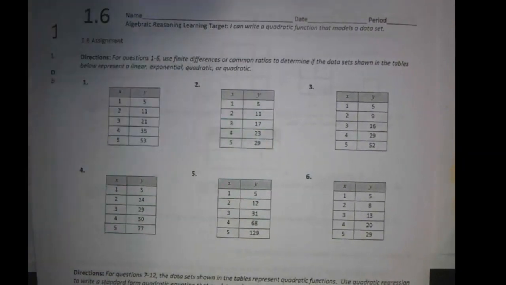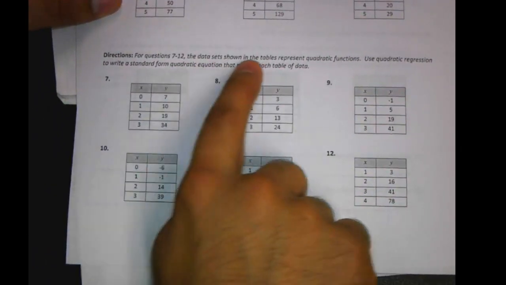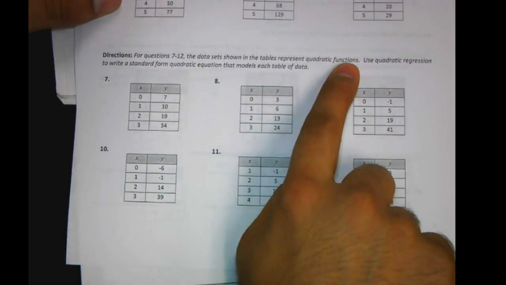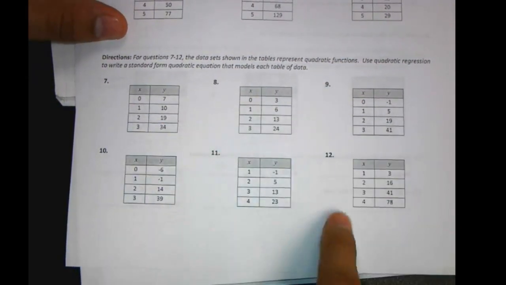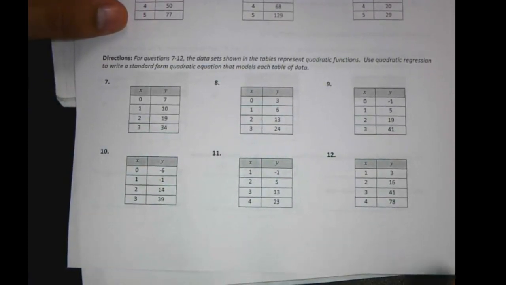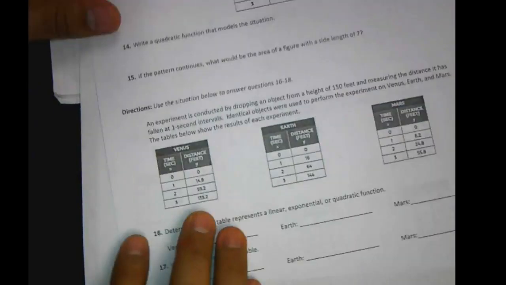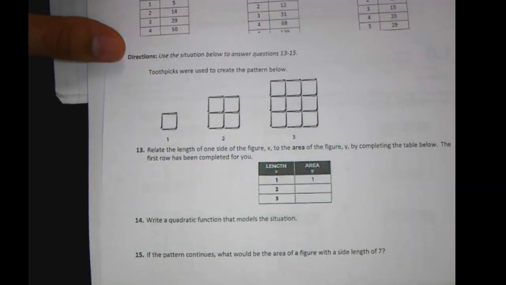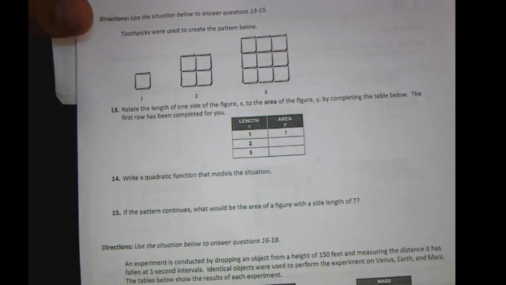Now, 7 through 12 says to do what? Find the quadratic function. When did we learn how to get a quadratic function from a table? Today, on the warm-up. Yes, during this very video that you're watching later. All right? Now, flip it over. 13, 14, 15.